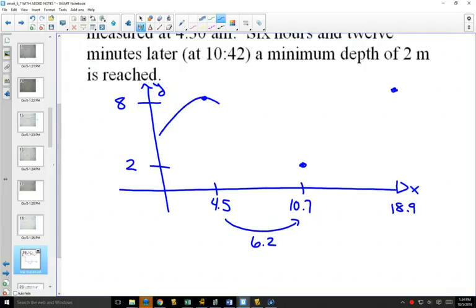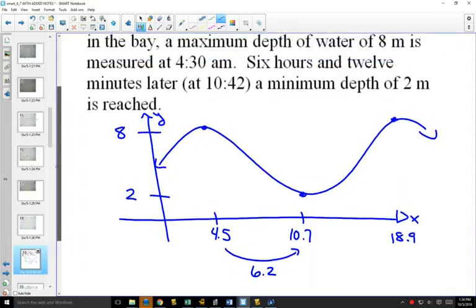So we've got our curve looking like this.